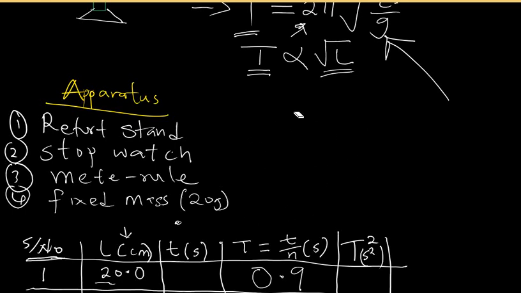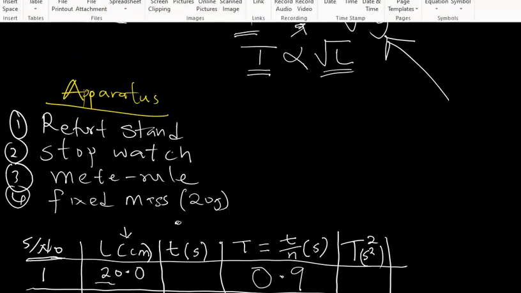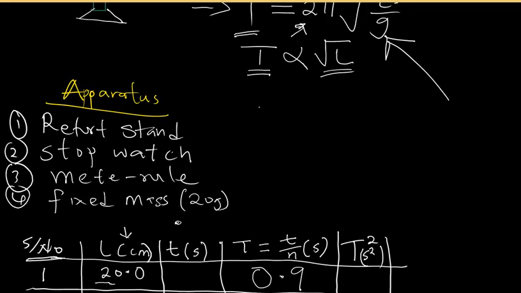So the next reading, the length is 30 cm, that's 0.3 meter. Remember the period is 2 pi, which is 6.28 first, then the square root of L over g.